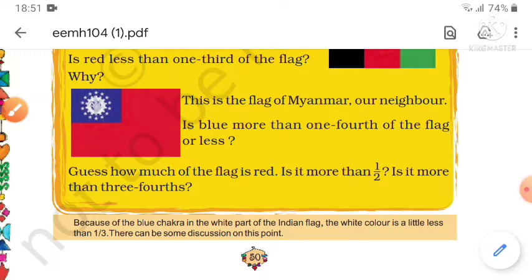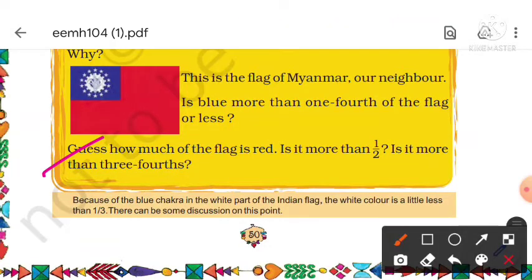Now the next is, how much of the flag is red? Is it more than 1/2, that means half? Is it more than 3/4? As you see here, it is more than half, and also it is more than 3/4. Got it?